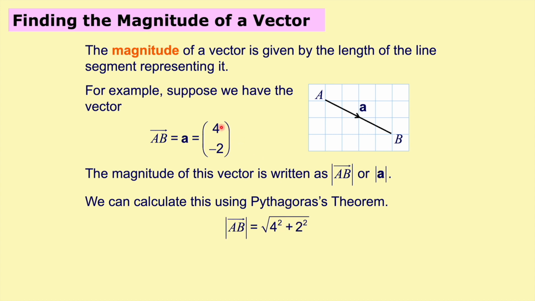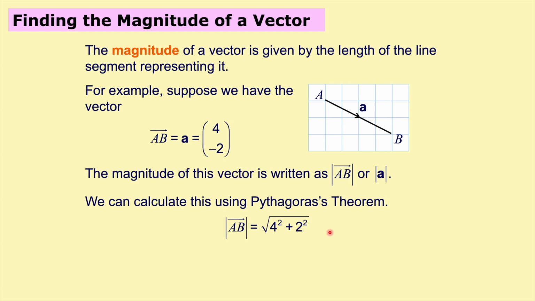And notice that this is 4 squared, and we've just got 2 squared. It doesn't matter what sign this is, because -2 times -2 is the same as 2 times 2. So you can eliminate the negatives when you're putting it into the magnitude formula that we're using.